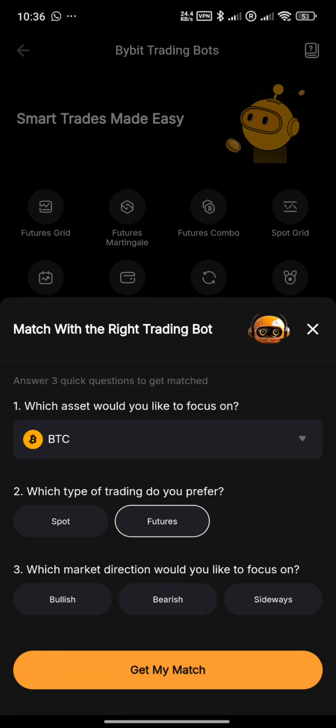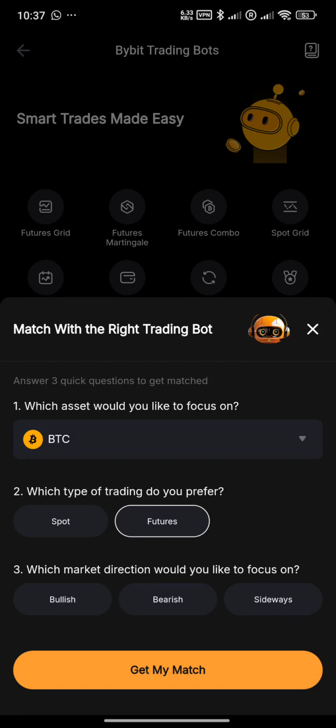Which market direction would you like to focus on? Do you want to focus on bullish, bearish, or sideways? If you are choosing bullish, it means you are going one way. If you are choosing bearish, it's also one way, downward. If you are choosing sideways, it's more like ranging or trending, that kind of thing.